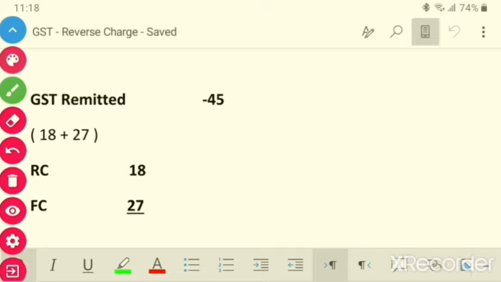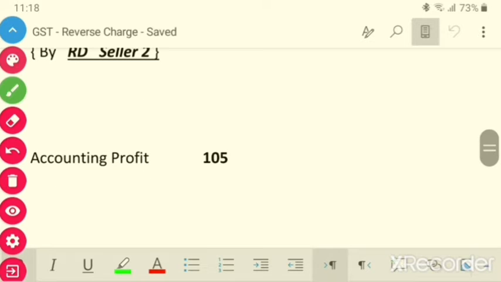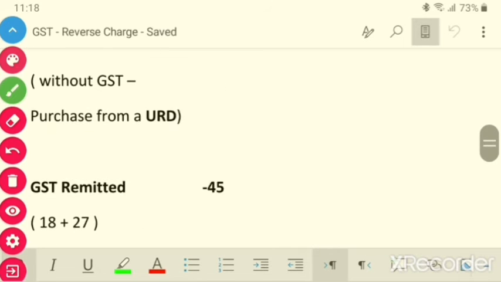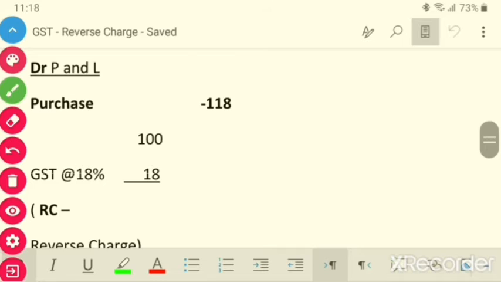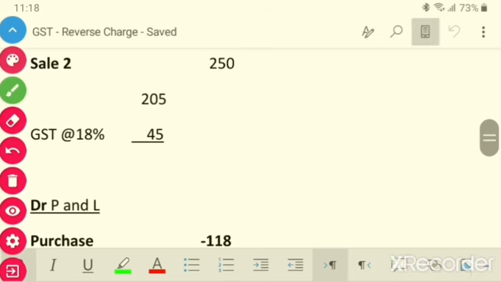So 18 is reverse charge here, 27 is forward charge. 27 is levied on the forward transaction by seller 2, whereas 18 is levied on the inward transaction by seller 2. Both are paid by seller 2 only. So accounting profit here also is the same. That is, 250 is the sale value with tax.